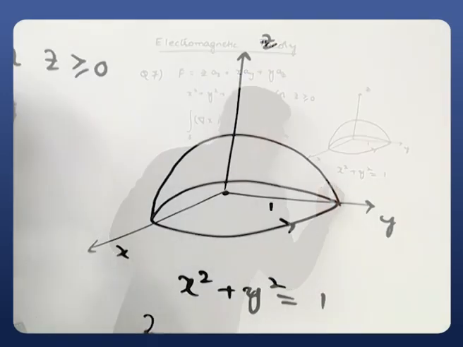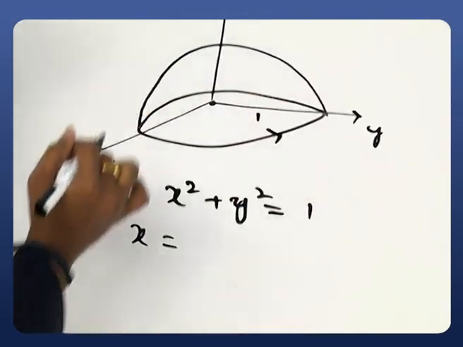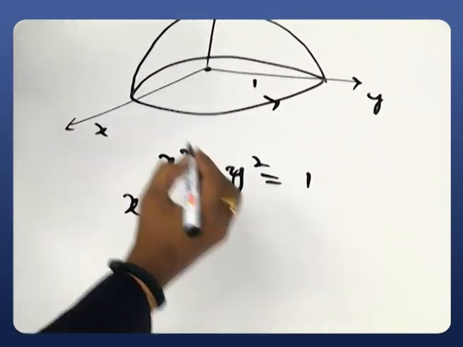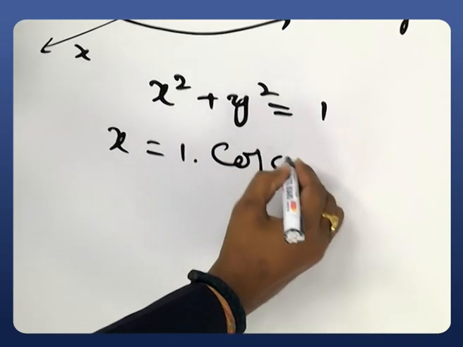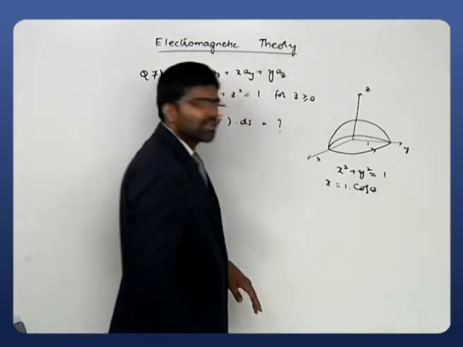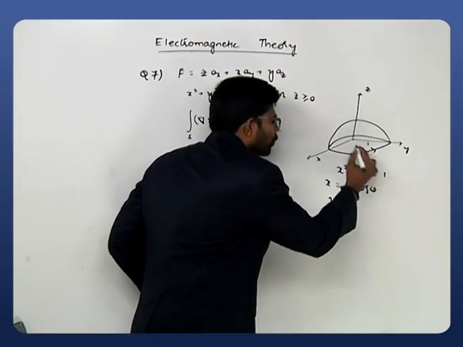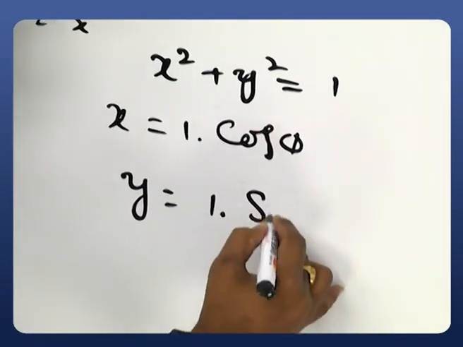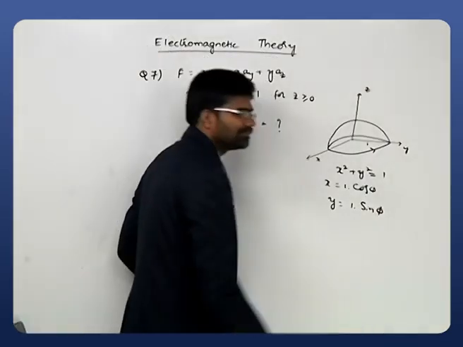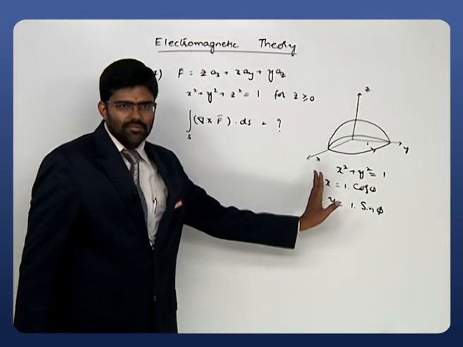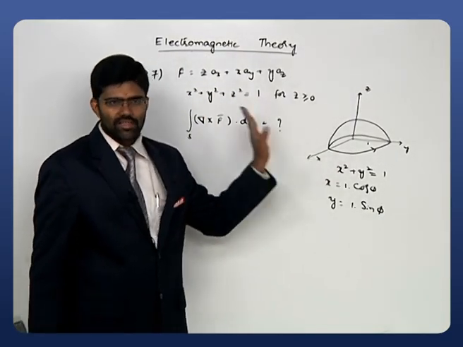So let us take x is equal to, the radius of this is 1, that is nothing but rho cos phi. In the same way, y is equal to rho, the radius, 1 sin phi. So keep them aside. If they are required, we can use them here, right?